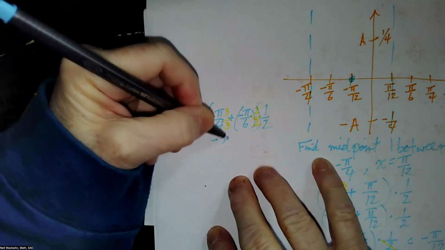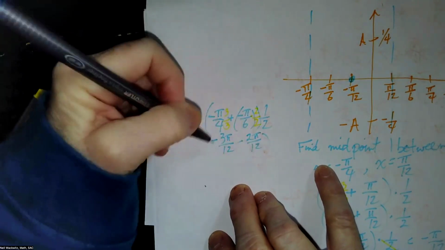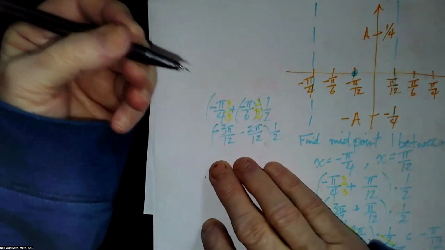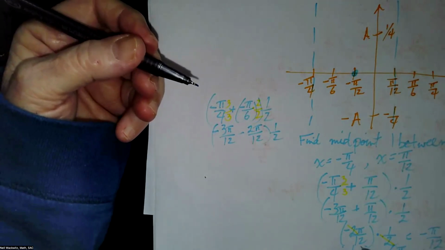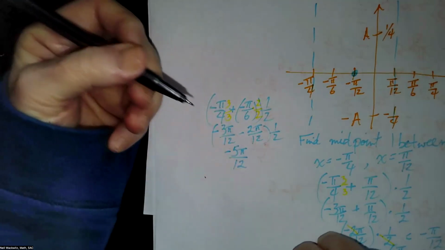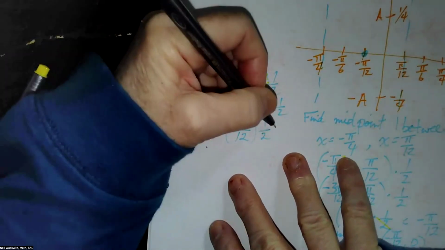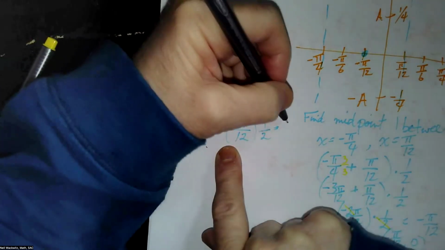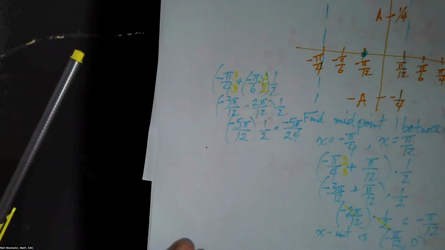Good. So we have negative 3 pi over 12 minus 2 pi over 12. And that'll give us negative 5 pi over 12. And that'll give us negative 5 pi over 24. Great.